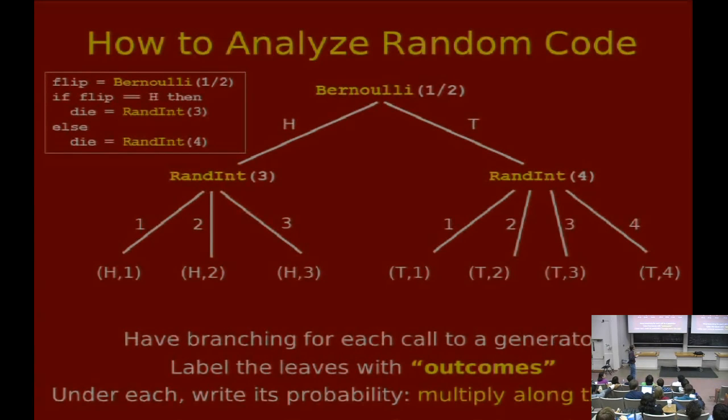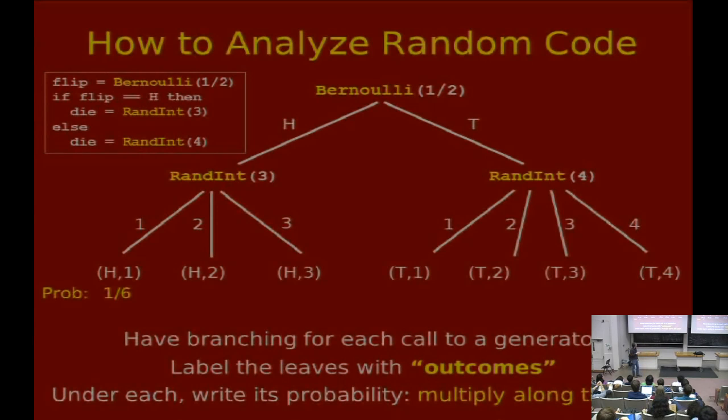Okay, so the last thing you would do if you're drawing this tree is, for each of the outcomes, you write the probability of that outcome. You get that by multiplying the associated probabilities along the path. So what's the probability of this outcome? Heads 1. Can somebody shout it out? Yeah, 1/6, because this had probability a half, and then this had probability a third, so you multiply them and get 1/6.